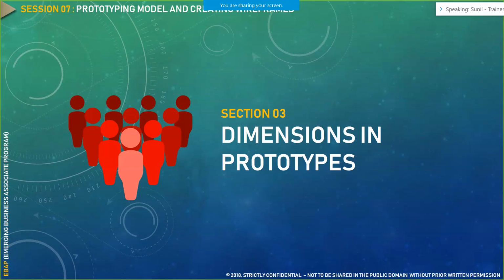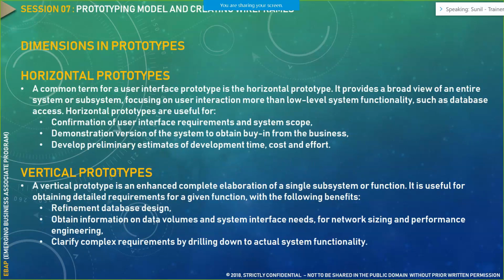Now there are certain dimensions in prototype. There are 2 dimensions, the horizontal prototype and the vertical prototype. Now, what happens in the horizontal dimension is that for a user interface prototype, it provides a broad view of an entire system or subsystem, focusing on user interaction more than your low-level functionalities such as database access.